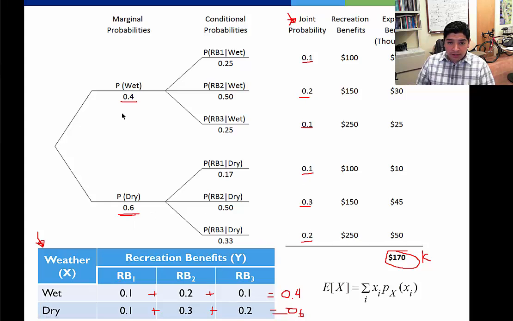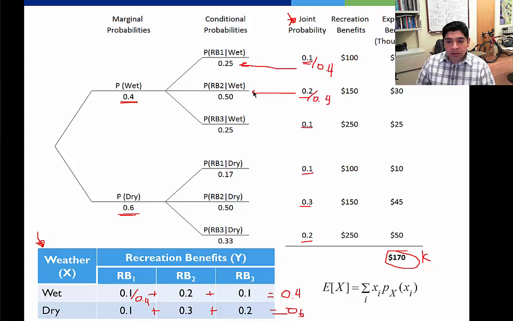Once we have these 2 values, we can estimate the conditional, which is basically this over the marginal. In this case, it will be 0.1 over 0.4, and that will be this value here. This will be exactly the same, 0.2 over 0.4.